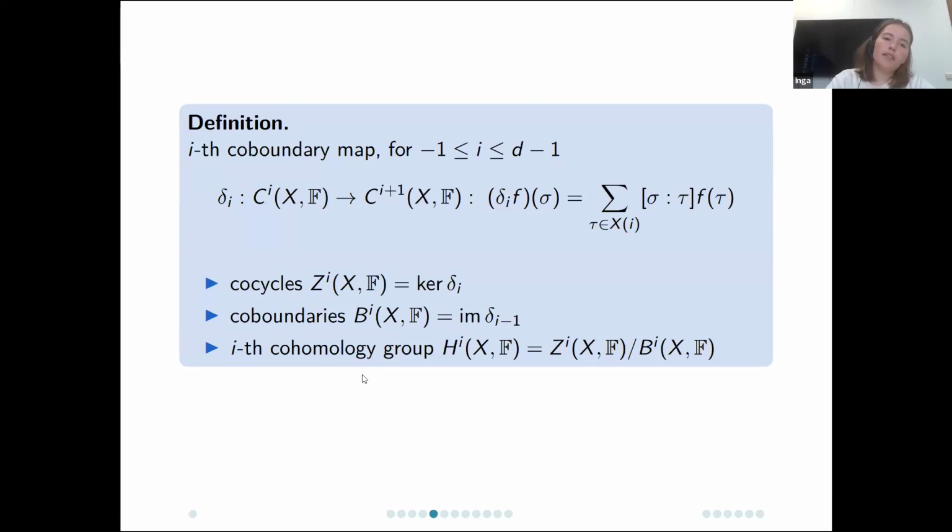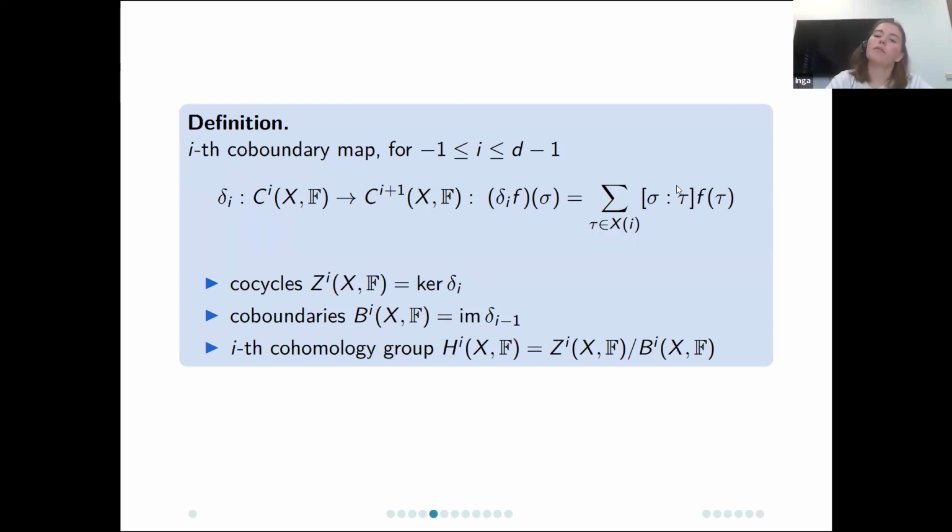Now we can define the coboundary map, which will map i-cochains to (i+1)-cochains. So again, we go up in dimension. And delta^i of f evaluated at a simplex sigma will be, well, we sum over all simplices tau of dimension i, where we can evaluate f at tau, multiplied with this incidence number.